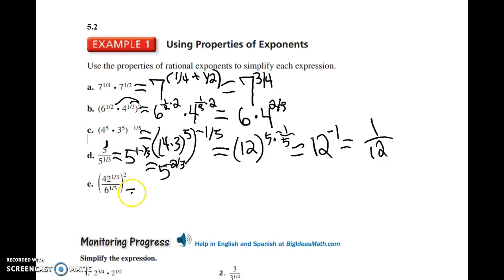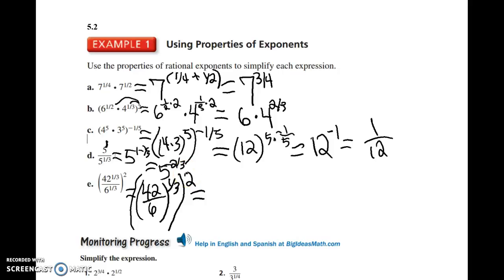Part E, we can take the squared and take the 1/3 and multiply the 2, because we have 42 over 6 to the 1/3 power, because the whole thing is to the 1/3. And then we can raise that to the second power, because then that whole thing is squared.